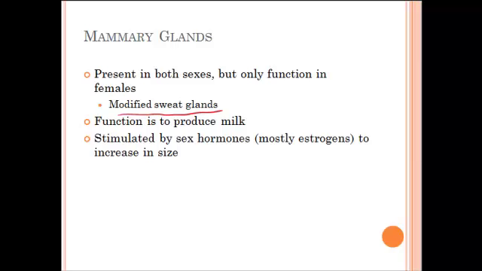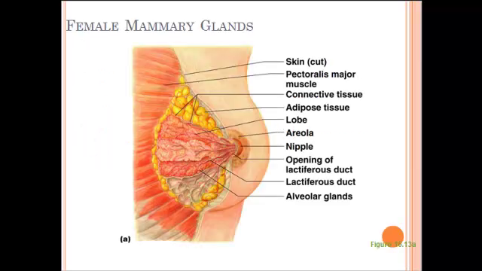The parts of the breast are here. The pectoralis muscle is behind the breast. There's a connective tissue layer, and then there's adipose tissue associated with the breast as well. There's a lobe, and the lobes are internal structures that radiate around the nipple.